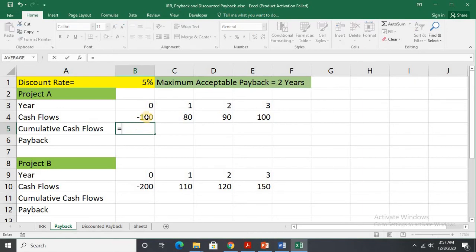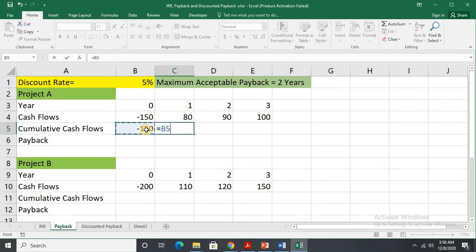So project A's initial investment is 150. So its cumulative cash flow will be minus 150. So click on this and press enter. Now cumulative cash flow for year 1 will be minus 150 plus 80.